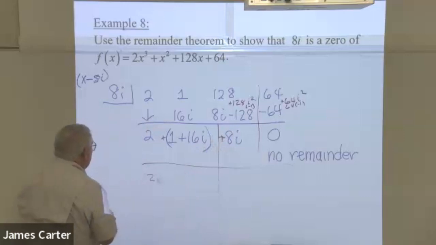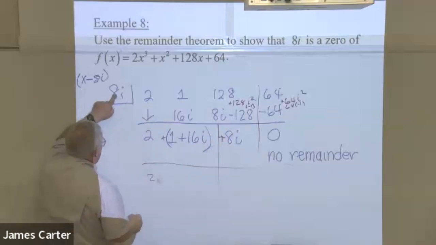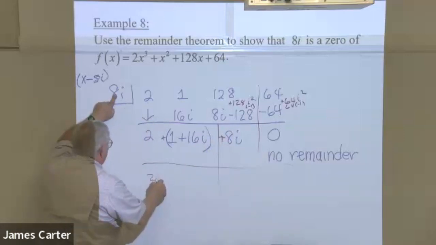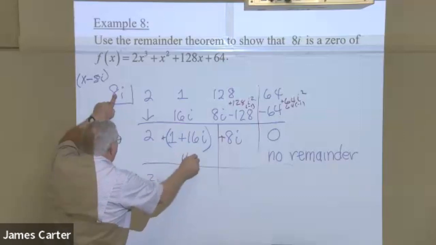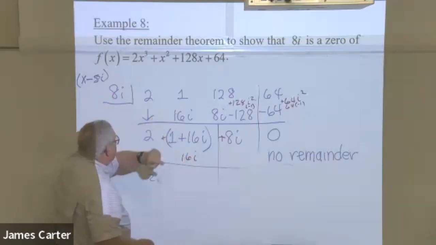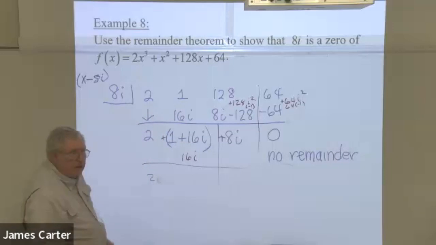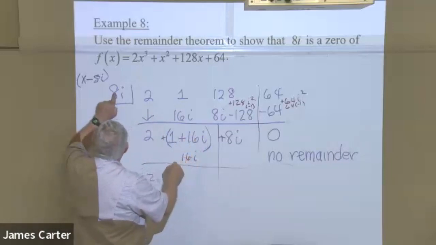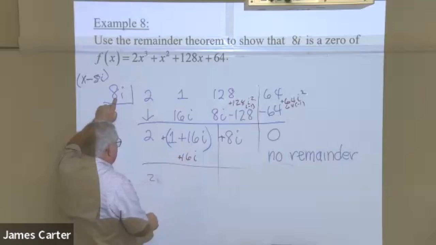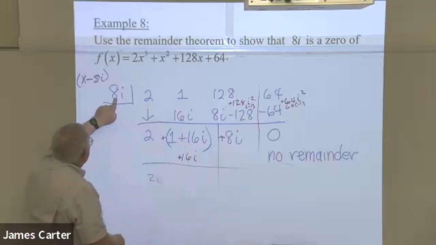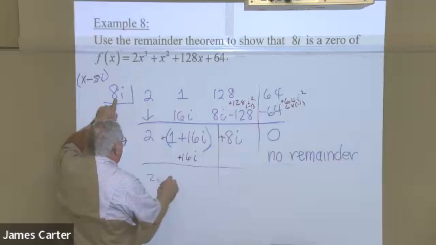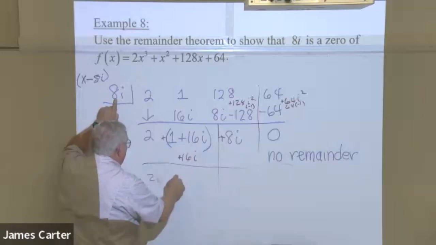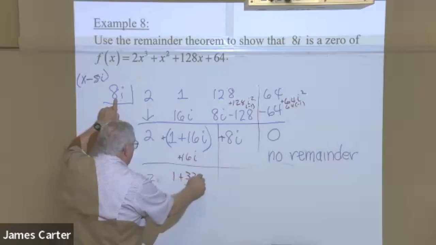Okay. So I bring down the 2, I multiply, and I get 16i, just like I did last time. These two, and this is a positive 16i, right? So that means when I add these down, I get 1 plus 32i.